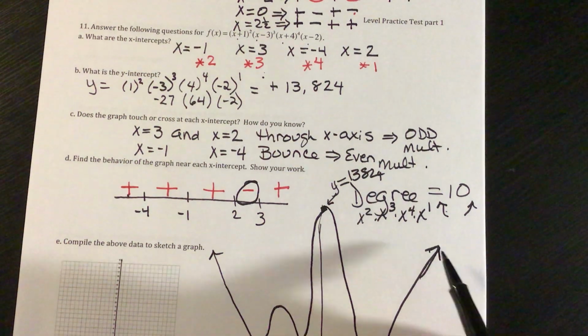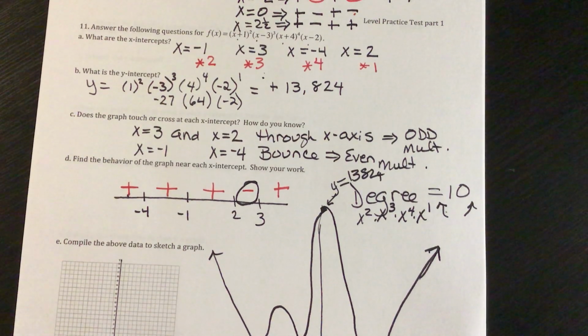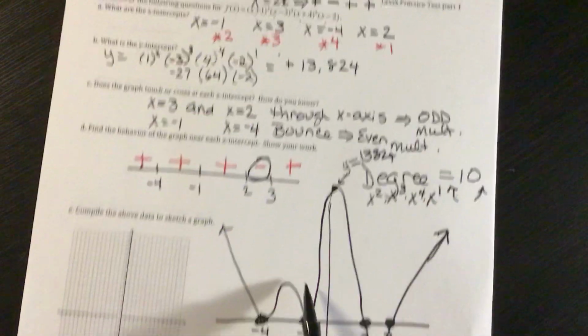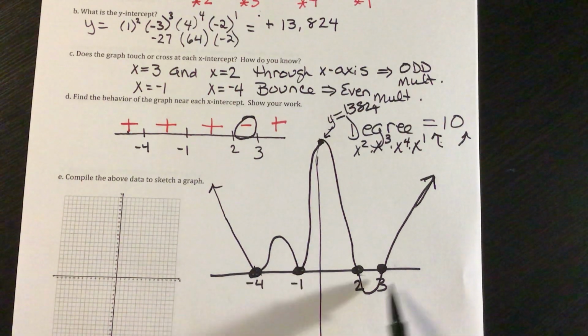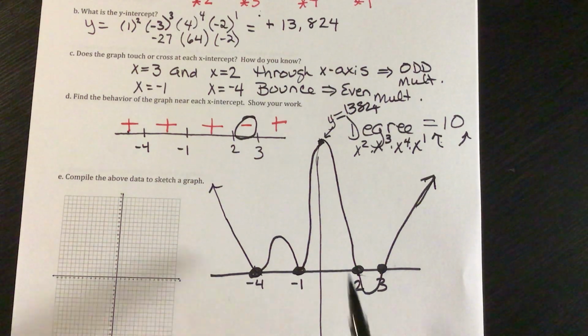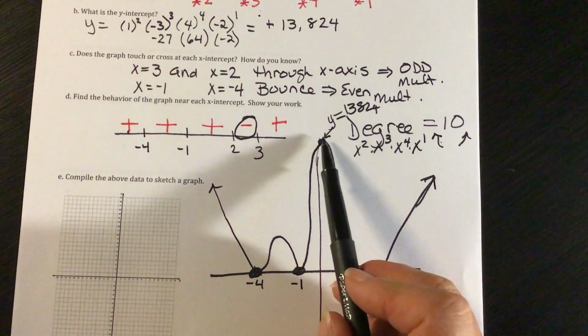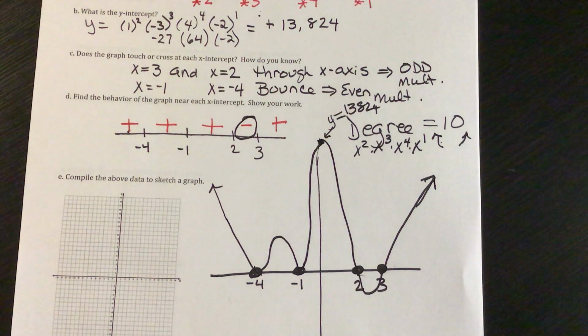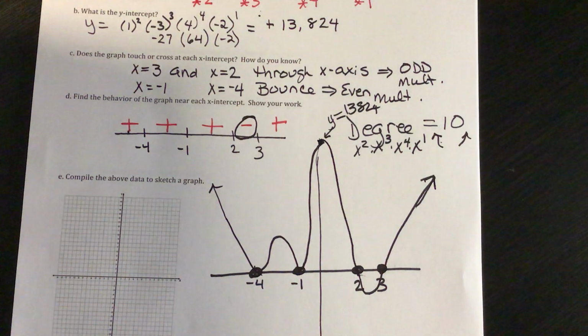So it's going to kind of have this shape here. I don't know how far this local maximum will go here, and I don't know how far it's going to go down here. It could go a lot further, but I do know that this one goes really high. All right, so that's a general sketch of this graph.